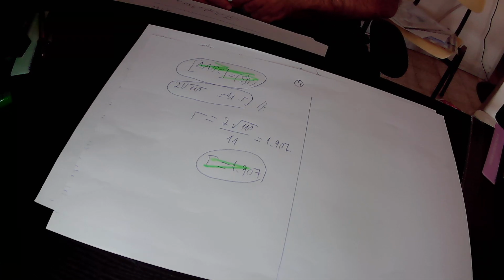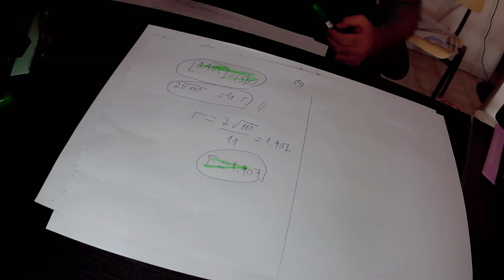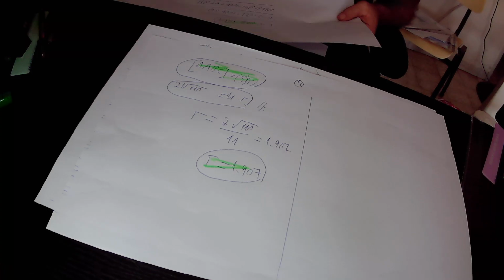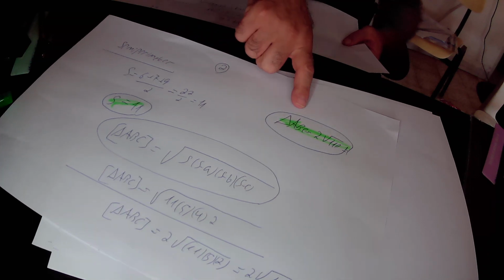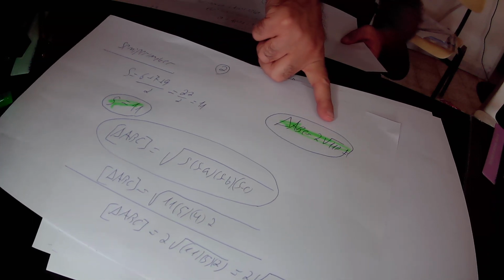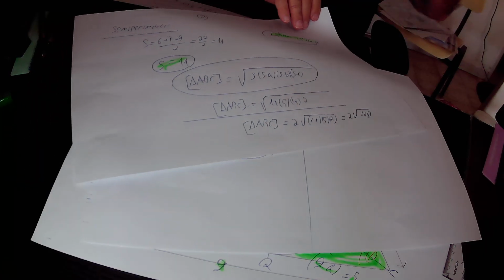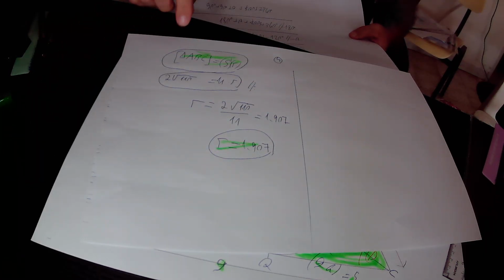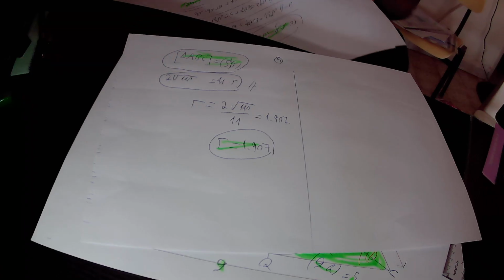We already found out that the area of triangle ABC equals 2 times square root of 110 square units in its size.